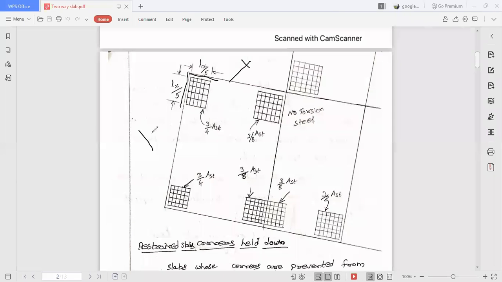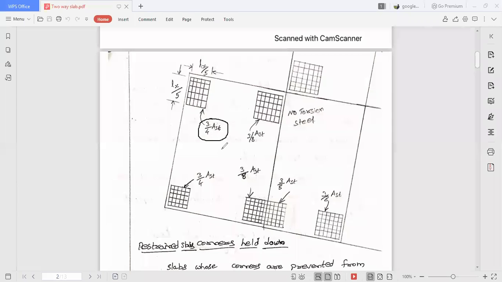That means there is no slab here, there is no slab here. In that case, the quantity of steel required as torsion steel is 3/4 of AST. Remember this: at the corner where both the edges are discontinuous, the steel required is 3/4 of AST.